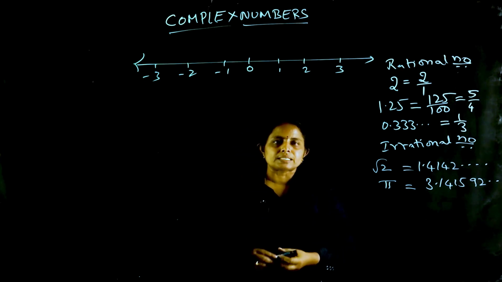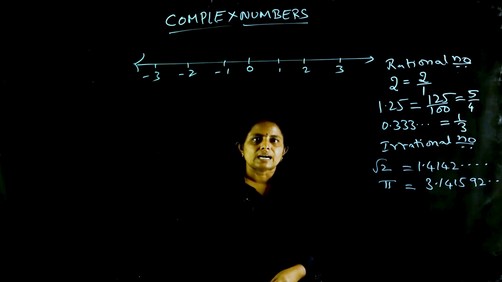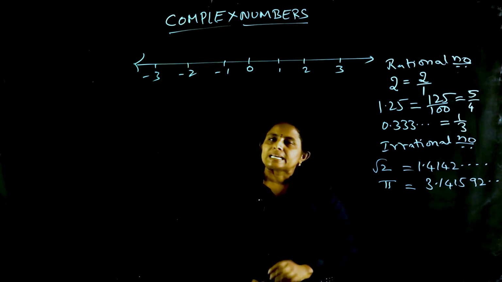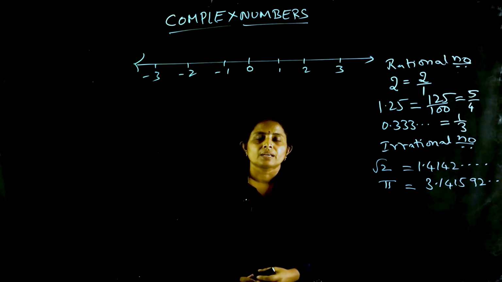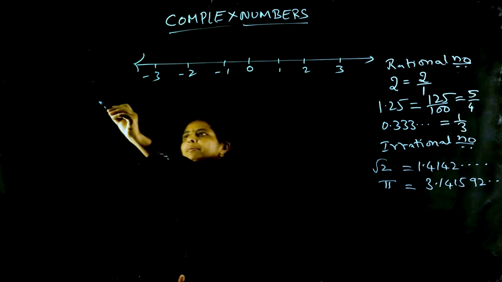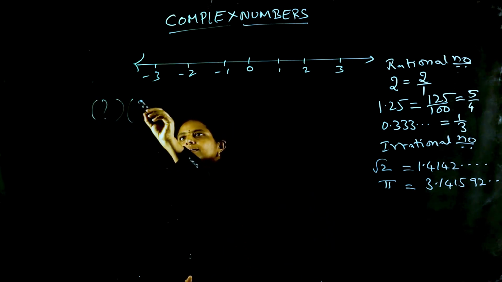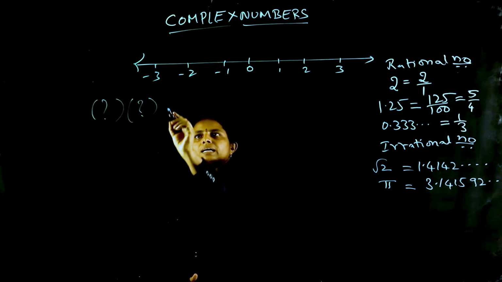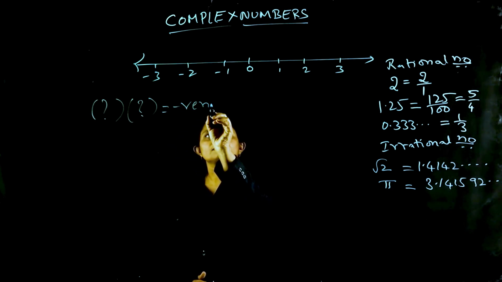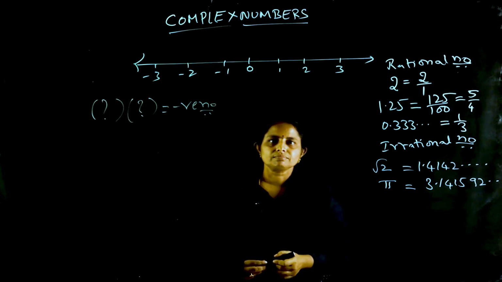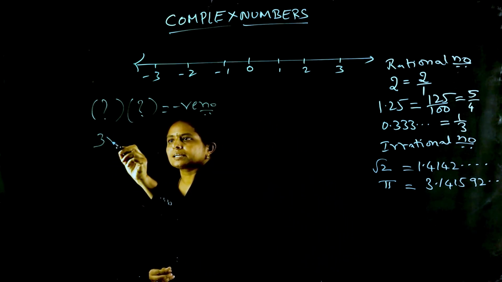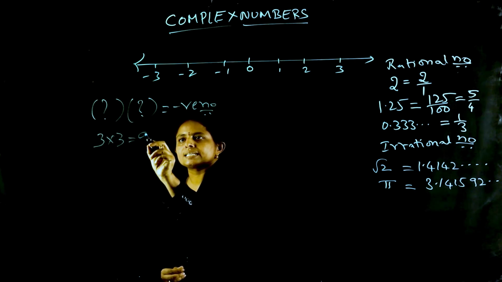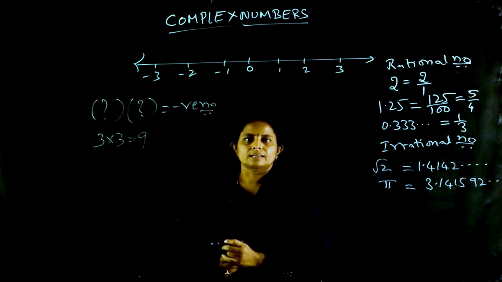Apart from these number systems, do you know any other kind of numbers? Just think. Can the square of a number be a negative number? Means if you multiply any number with the same number, can we get a negative number? Is it possible? Let us check some examples. Positive 3 into positive 3 is positive 9.